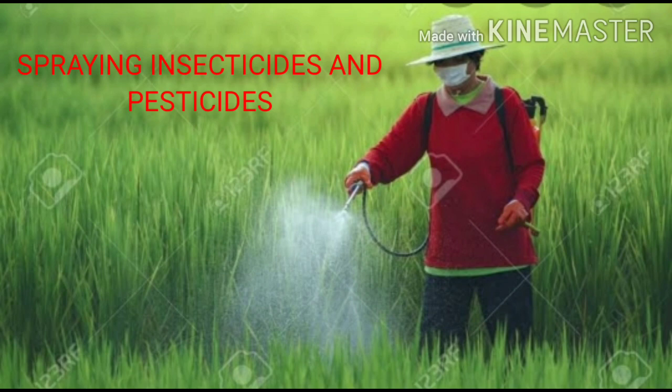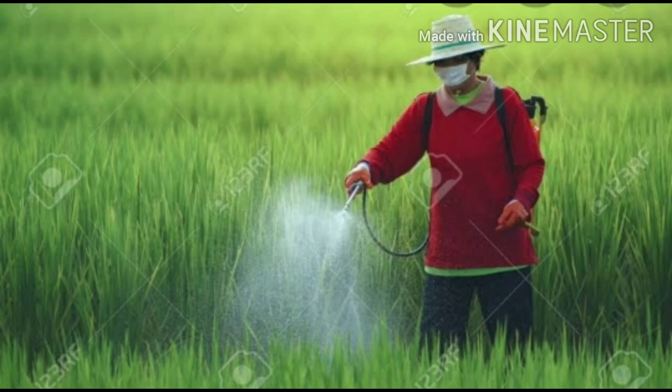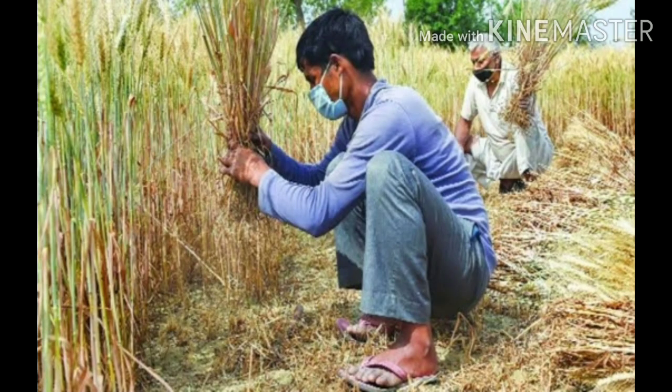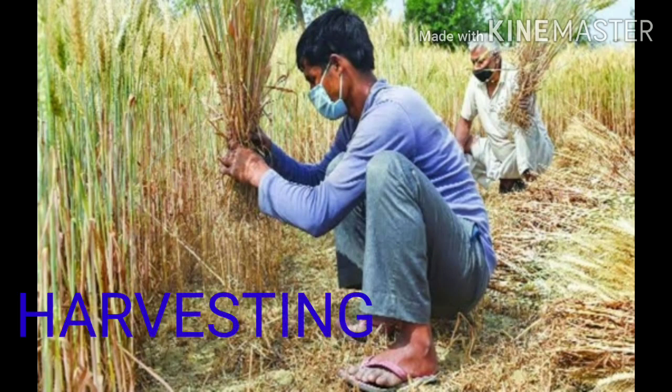from the crops. When the crops are grown, then the farmers cut the grown crops. The process of cutting the grown crops is called harvesting.